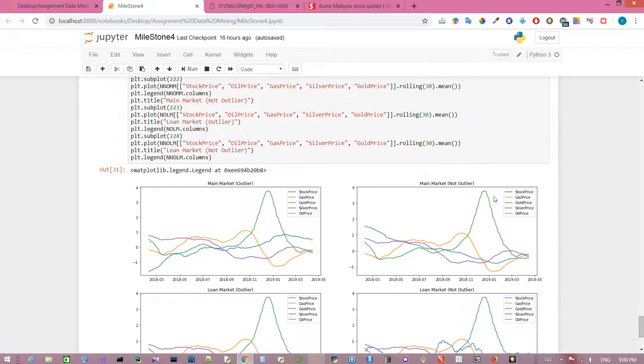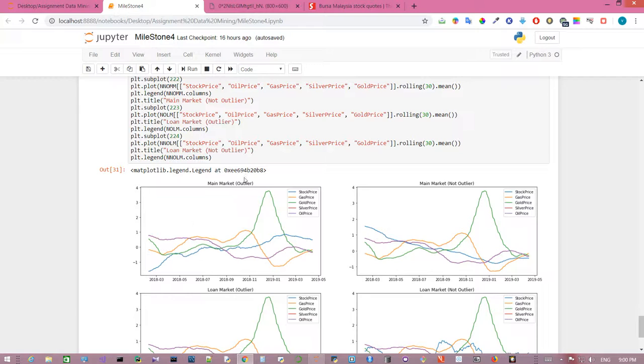As you can see here, this is the stock price for not outliers during about 1 year. For 1 year it has been decaying with small steps.